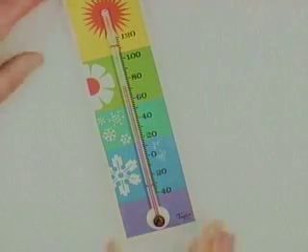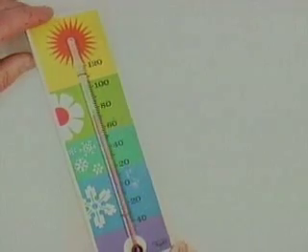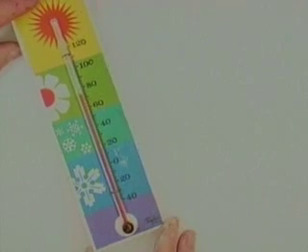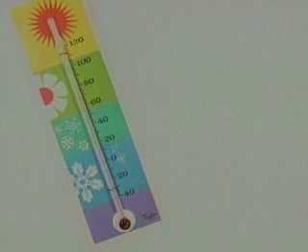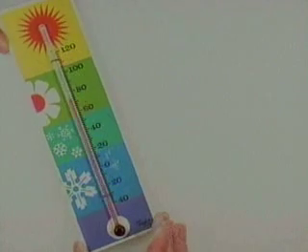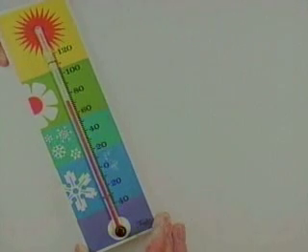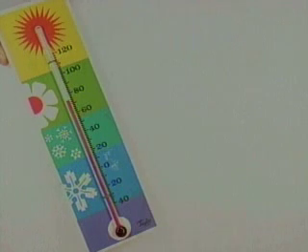So this one, you see the red liquid? Be sure that we have the right light setting. These should go off. Okay. So you see the red liquid. There it is. And also notice that it is degrees Fahrenheit, which is unfortunate.